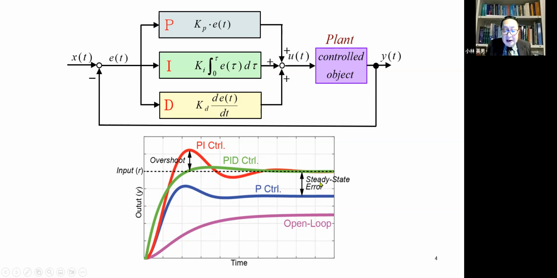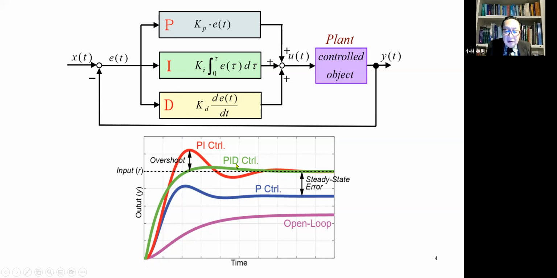So usually, we don't use P control only. At least we use PI control, okay? And also, we can use PID control at the same time. And then PID control, this green one.